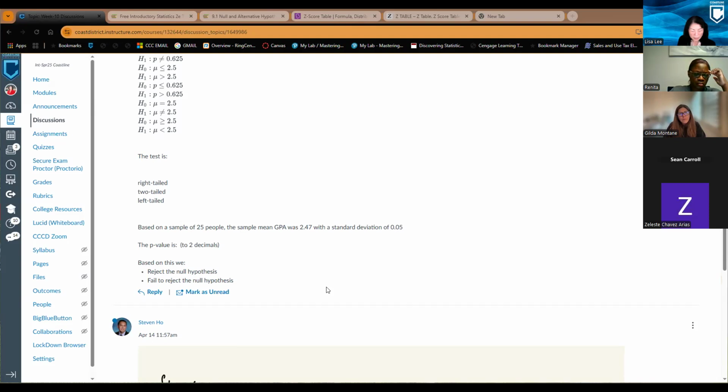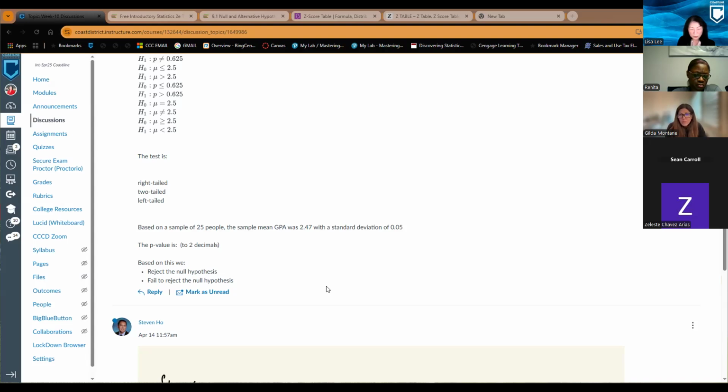And go down to x bar, enter that number, 2.47, and Sx is the sample standard deviation. It's given as 0.05, so I put 0.05, and the sample size is 25 students. And going down, you have to choose the left tail test, the second one, which is less than. To confirm this, you have to hit enter, okay? Then go down to Calculate, enter, it's done.